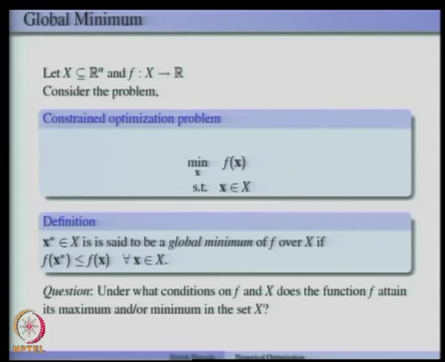So, to begin with, let us look at a constrained optimization problem, which is given here.